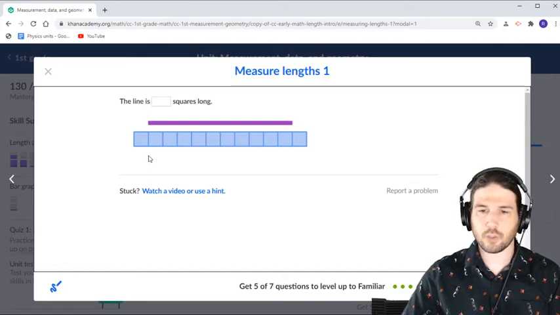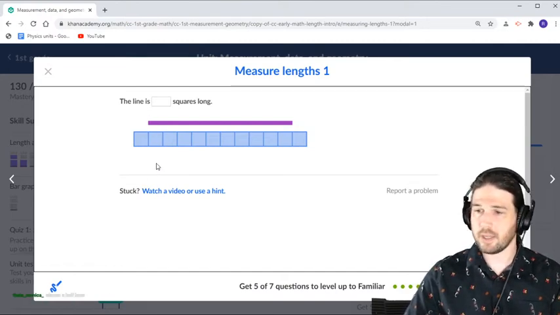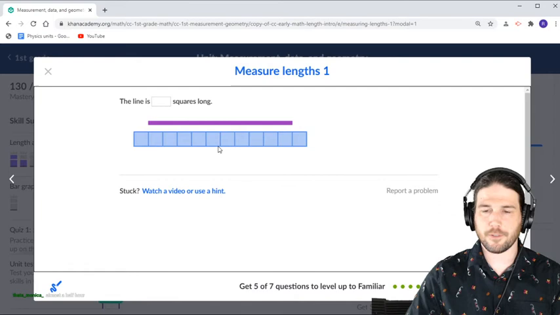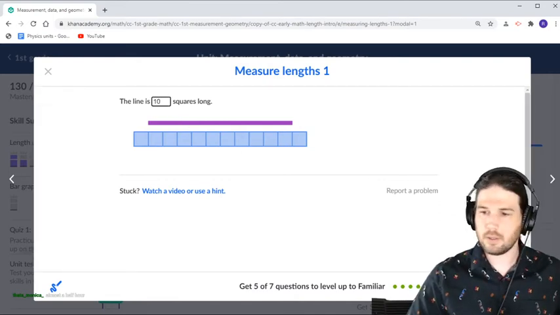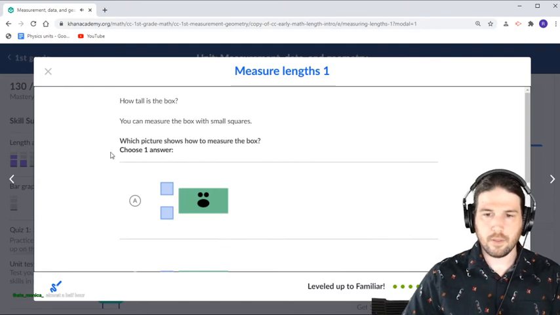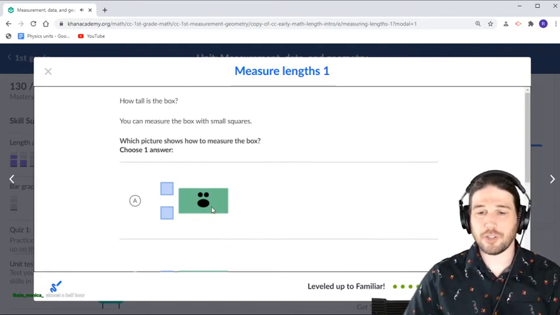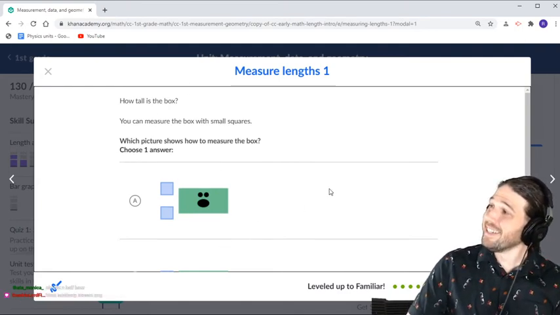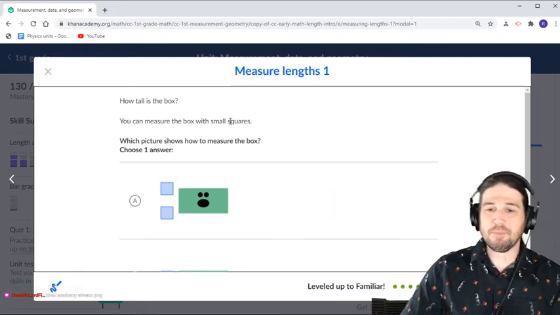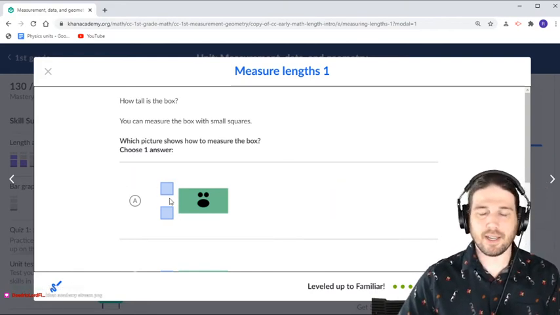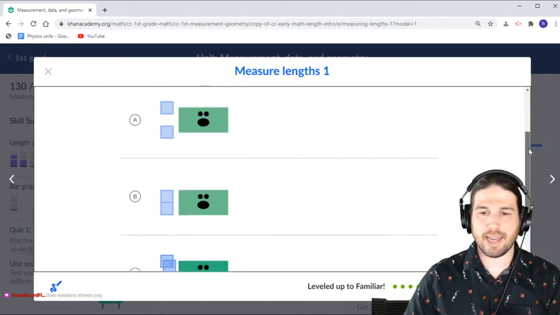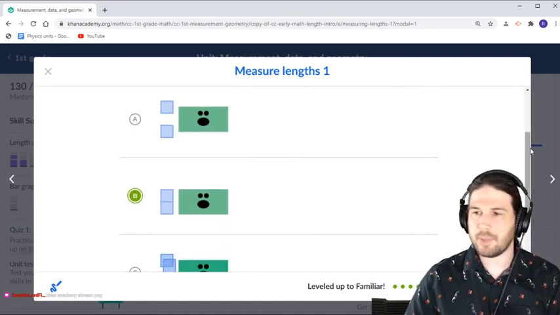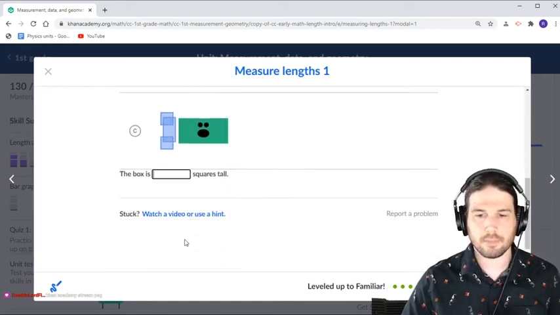All right, this line is 1, 2, 3, 4, 5, 6, 7, 8, 9, 10 squares long. This box, which looks very, very surprised at being on Khan Academy, is clearly not being measured correctly by A. It is being measured correctly by B, and it is 2 blocks tall.